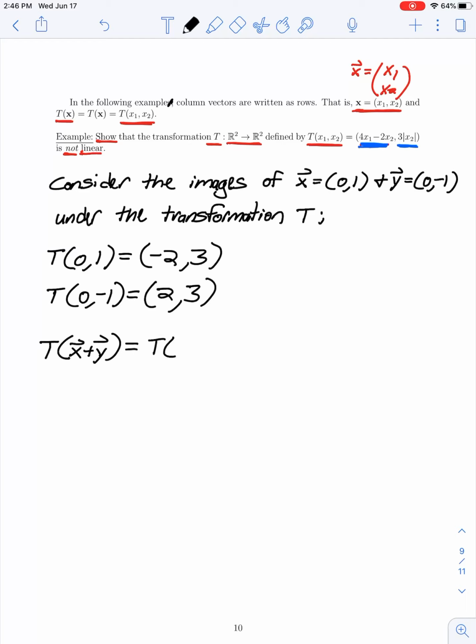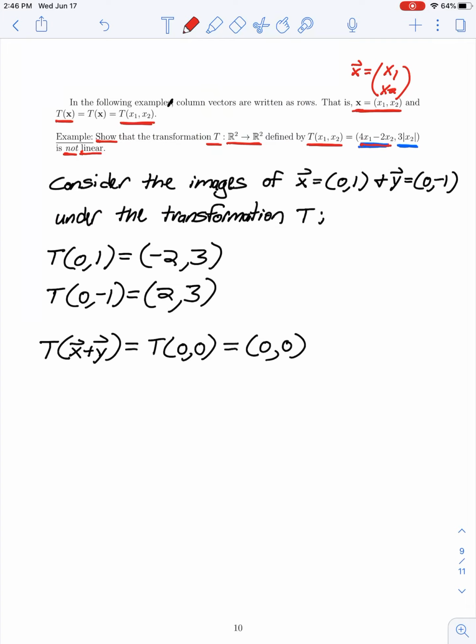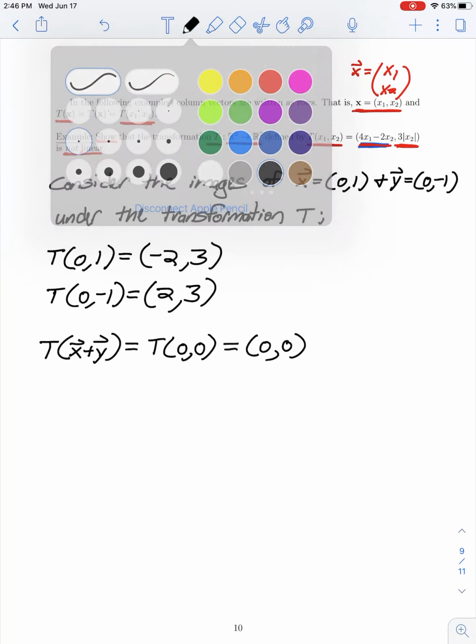Here, x plus y gives us the vector 0, 0. Now, if we evaluate our transform at 0, 0, if x1 and x2 are both 0, by substituting into the formula for our transform, we get back the 0 vector, 0, 0.